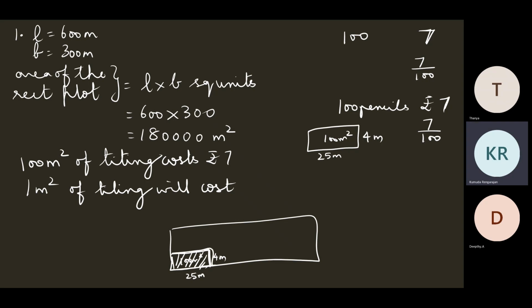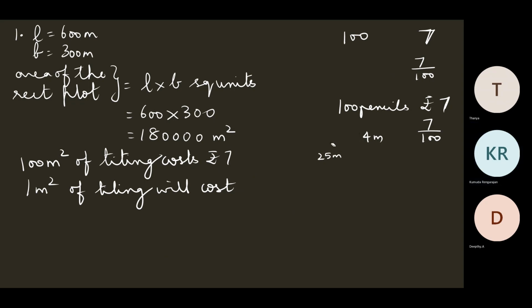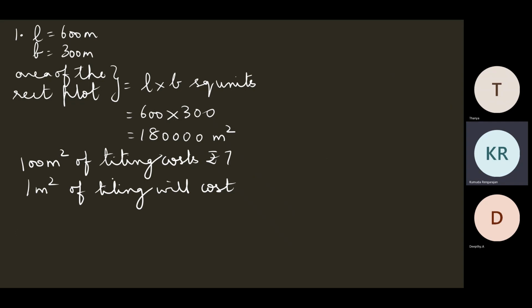For 100 meters square, it is 7 rupees. For 1 meter square, it will be 7 by 100. So 100 meters square of tiling costs 7 rupees, and 1 meter square of tiling will cost rupees 7 by 100.